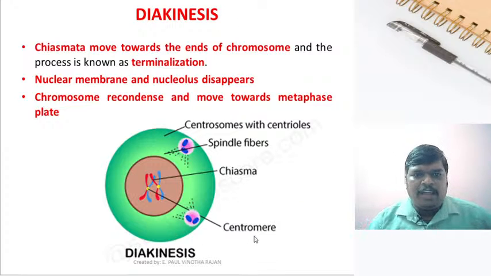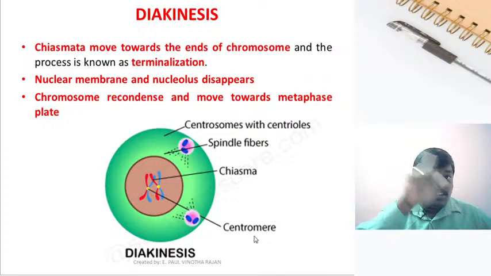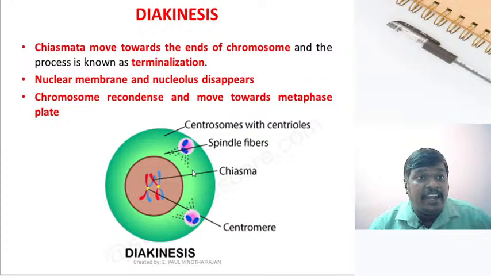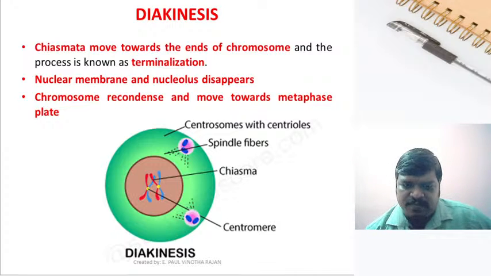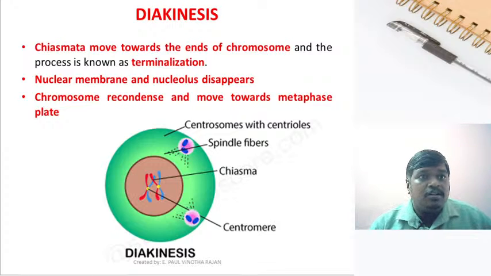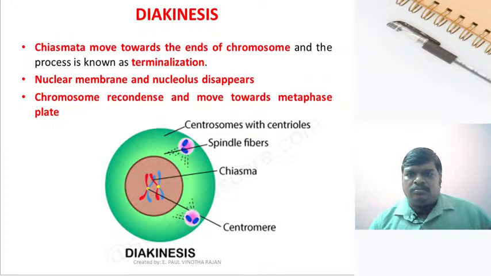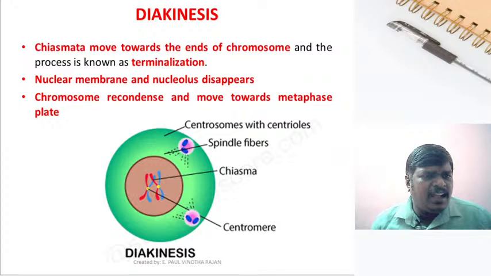During diakinesis, what will happen? During prophase, what all things happened? Can anyone tell what happened at the end of prophase? Chiasmata is a point of attachment.